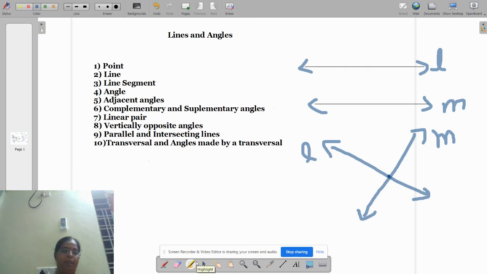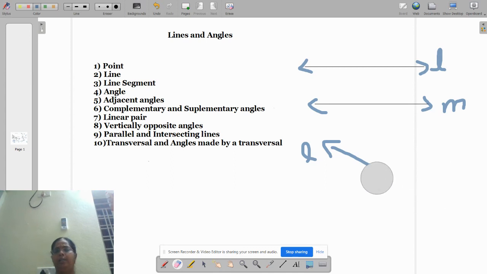Now we will see what is a transversal. A line which meets different lines at different points. If you observe here, see this line T. I am representing transversal as line T. This line T is intersecting line L at this point and line M at this point.